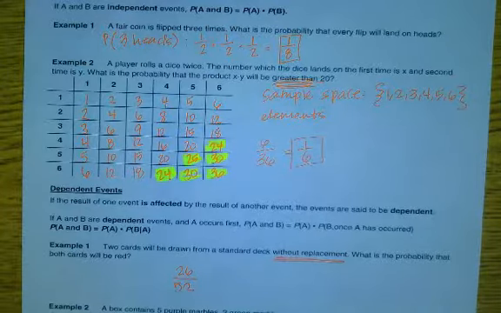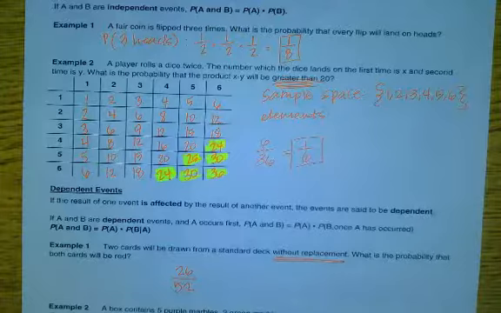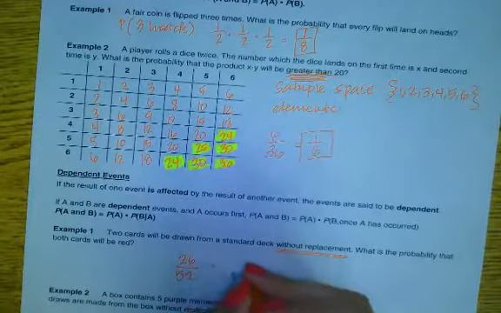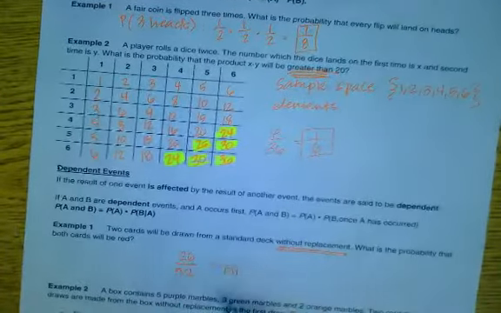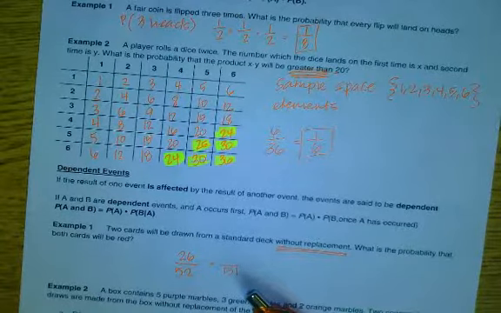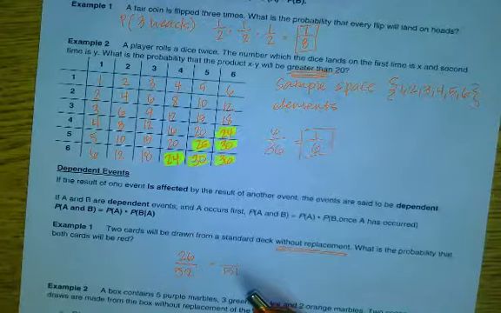Now I'm pulling my second card. How many cards are in my deck now? 51, because I did not replace it. So saying that my first card that I picked was indeed a red one, now with my second selection, what is the chance that I'm going to pick a red one? 25.